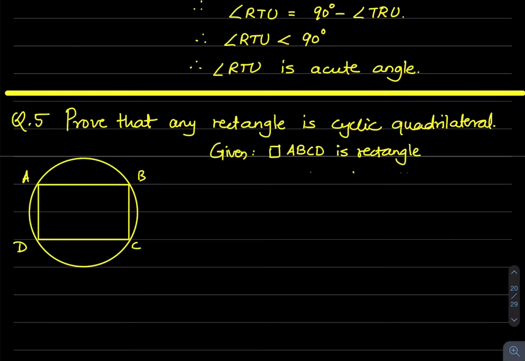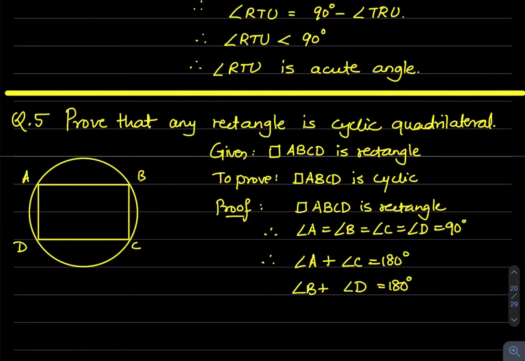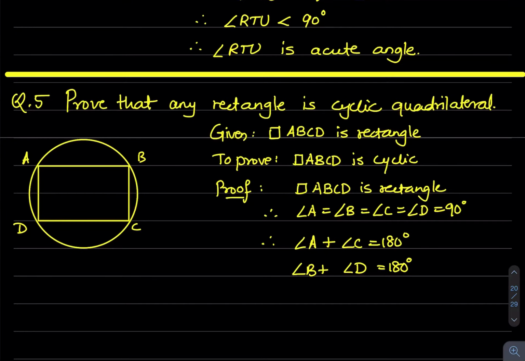This is a rectangle which is given, and this is a cyclic quadrilateral which is to be proved. So given, to prove: quadrilateral ABCD is cyclic. Now for the proof, as this quadrilateral is a rectangle, each angle of the rectangle is 90 degrees. So angle A, angle B, angle C and angle D will be 90 degrees. Then to prove that this is cyclic, what do we need to prove?